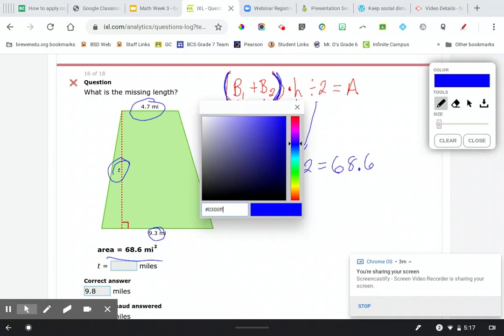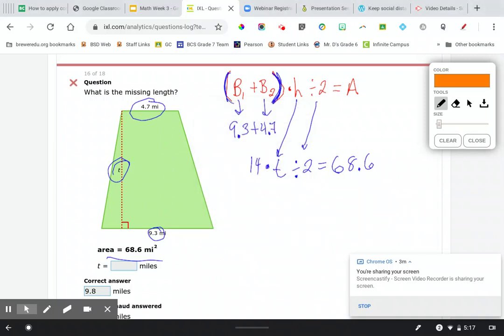We can go to work on it. Go to work in orange. All right, so again, I want to get rid of this divide by 2. So I'm going to multiply by 2. That's gone, so I'd multiply by 2 over here. I still have 14 times T equals 137.2.